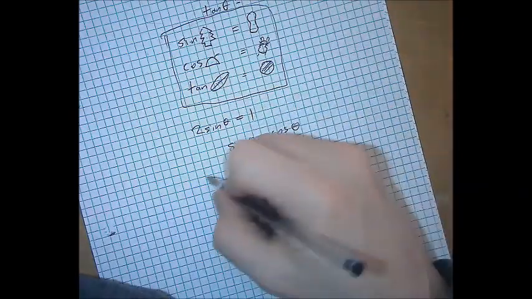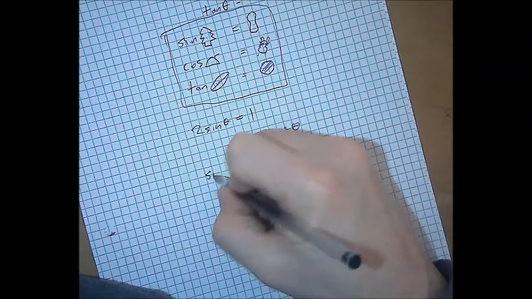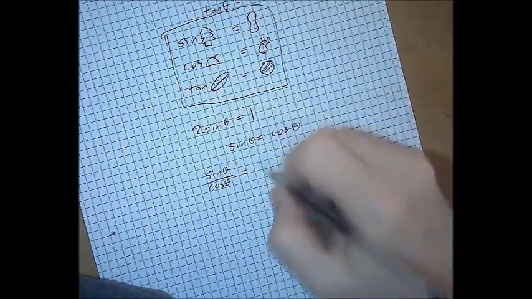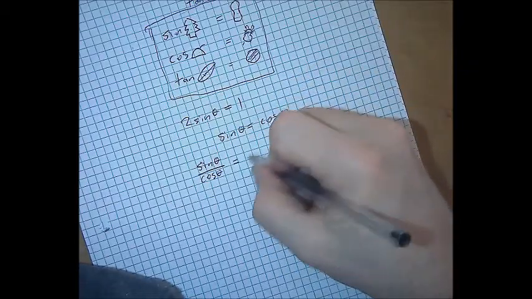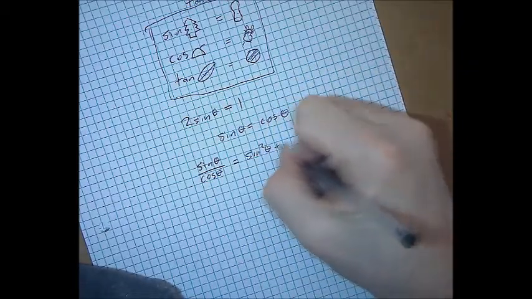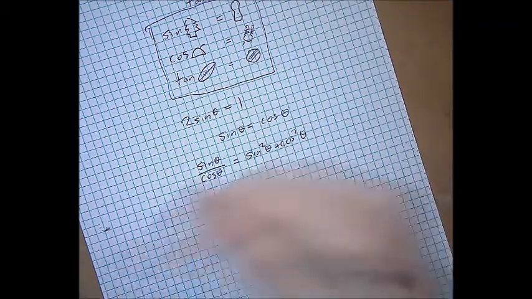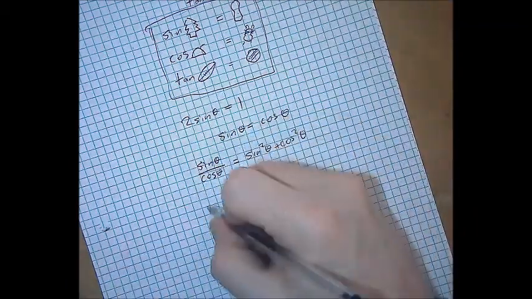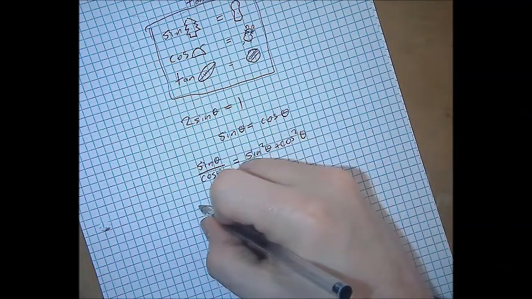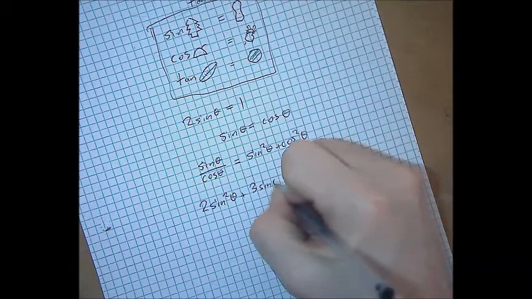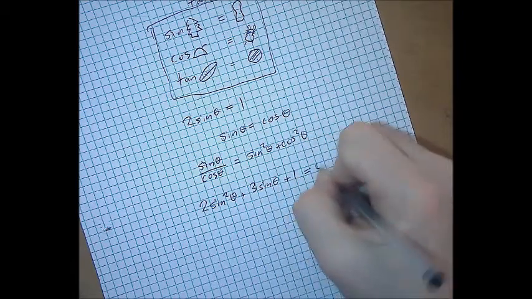And finally, this one here. Well, not finally, actually, I'll do 2 more examples. That one is pretty far removed from this template. And let's do one other one. Let's say 2 sine squared theta plus 3 sine theta plus 1 equals 0.